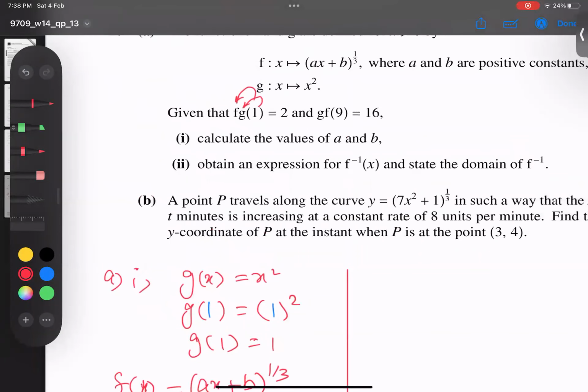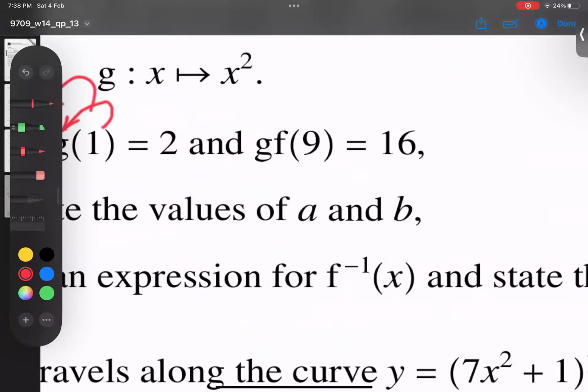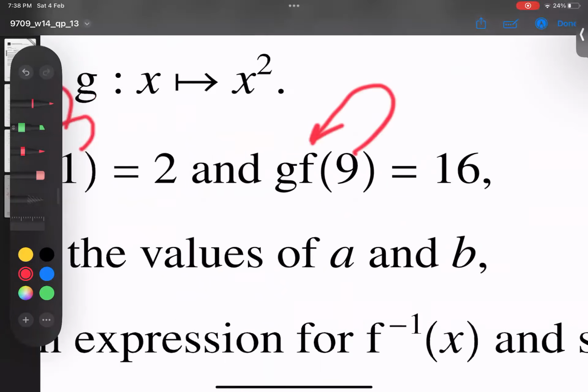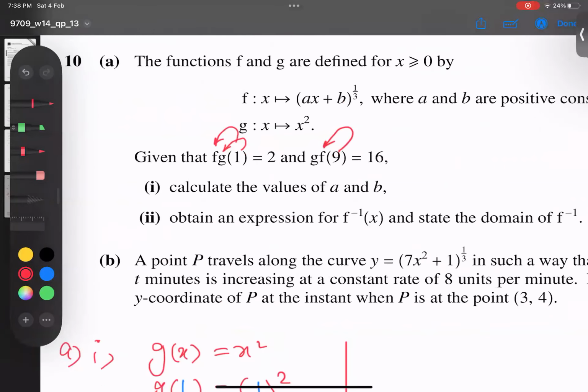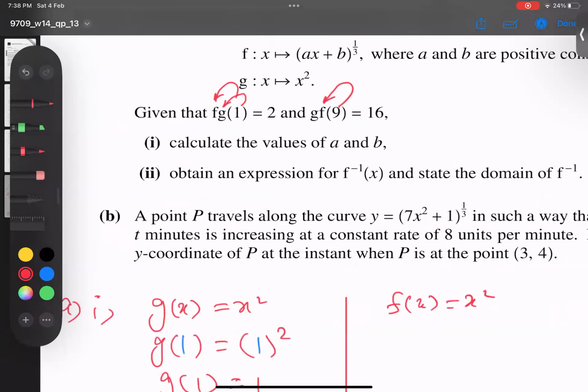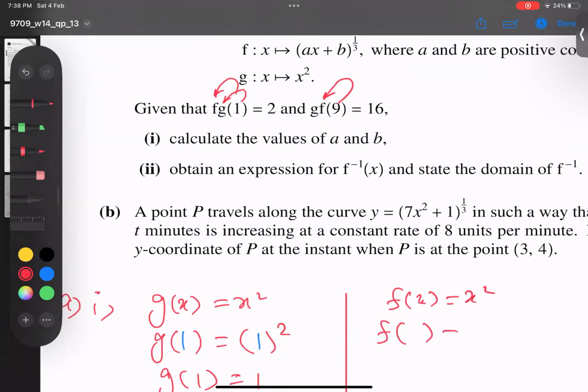Let's talk about the same story for part number 2, but this time put 9 in F first of all. So first of all, copy f of x. Then replace both side empty spaces and put 9 on the left side and 9 on the right side. So f of 9 is equal to 81.